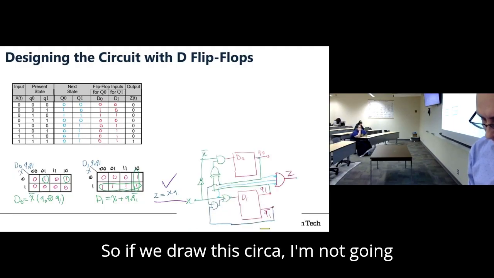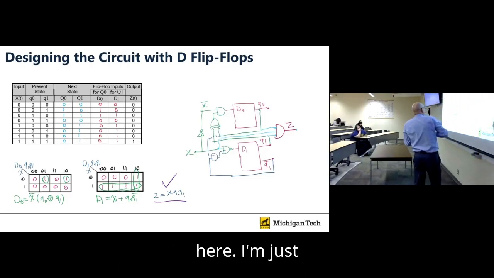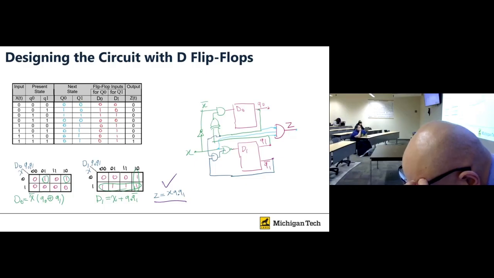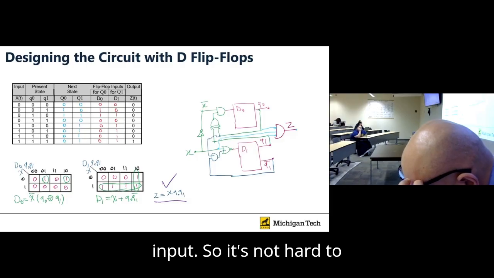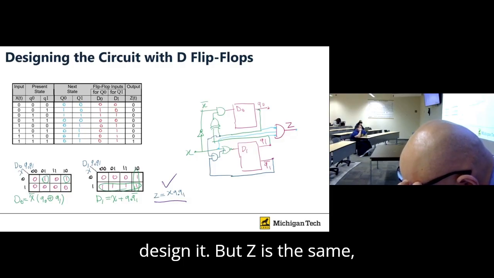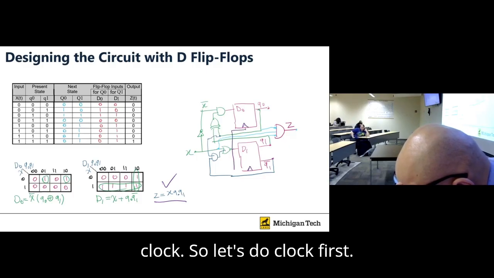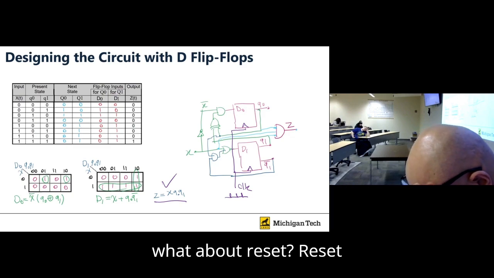So if we draw this circuit, I'm not going to do that. Again, I have it here. I'm just going to complete this because it doesn't have reset or clock. For the D flip-flop, we just have one input, so it's not hard to design. But Z is the same: Q1, Q0, and X. But we need reset and clock. So let's do clock first. That's the clock. And what about reset?